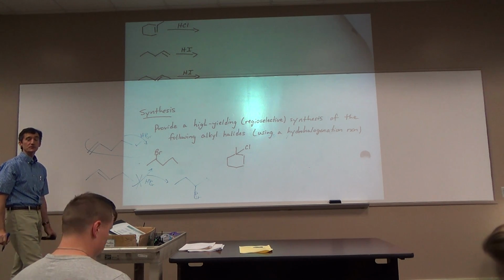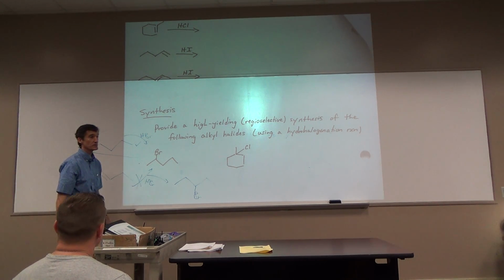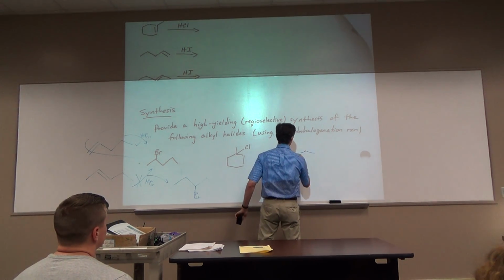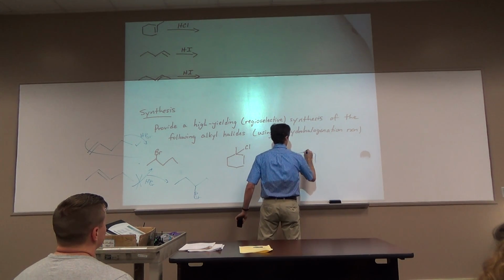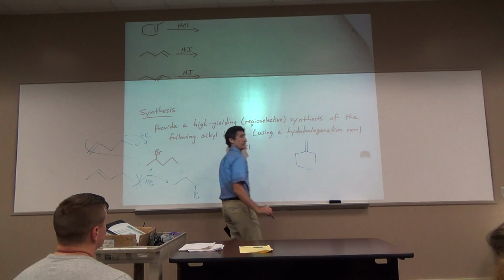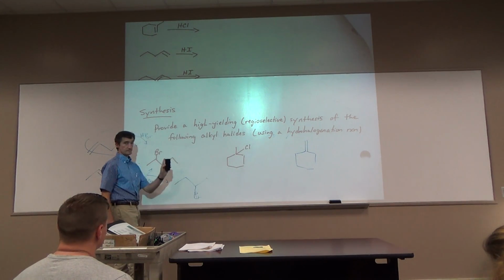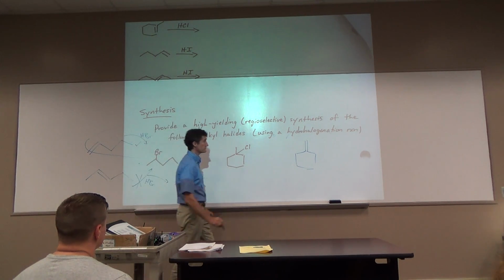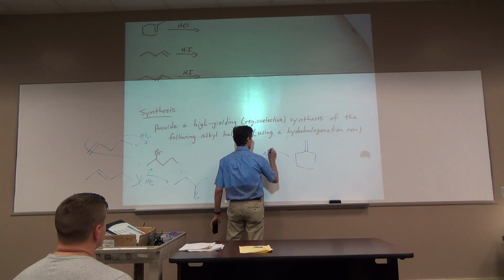There's actually two different ways you can do it here. Both are going to be regioselective. What you just said was put the double bond here, like that. Yes. And usually that's often forgotten about or not considered. React this with what?